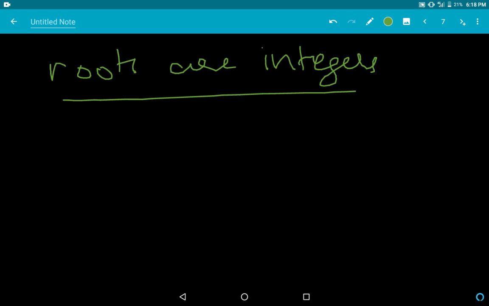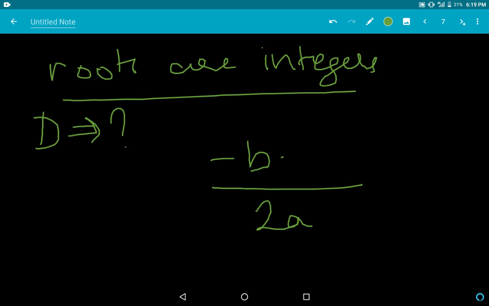It was a one mark question. So what can I tell about d here? See, minus b is obviously an integer, 2a is also an integer, and plus minus root d. So this thing, my discriminant, is again my deciding factor. So my root d can be what? Two choices it has.